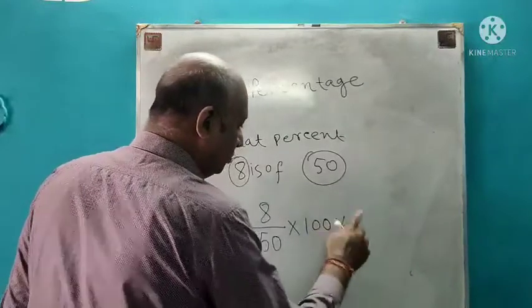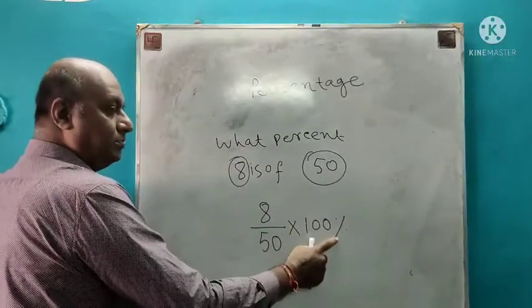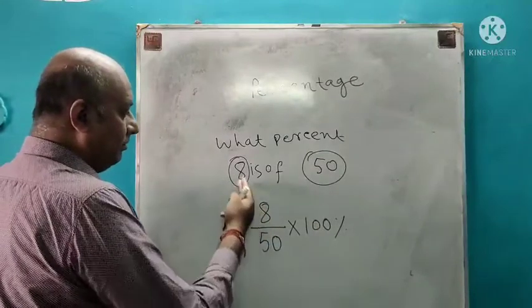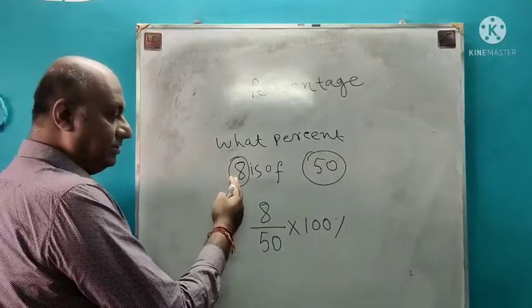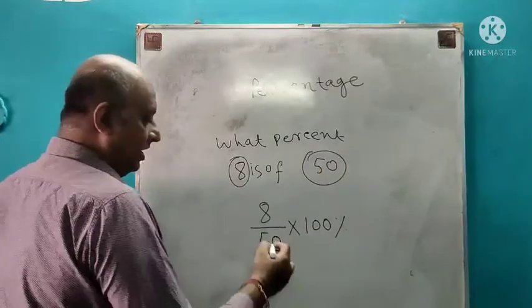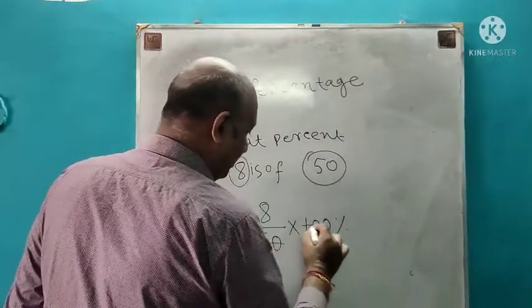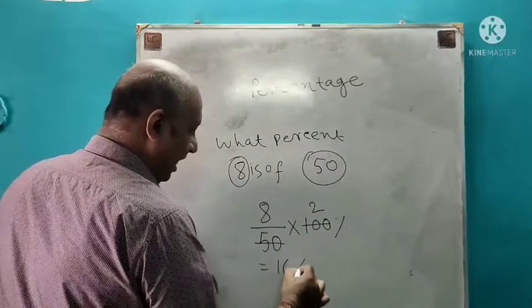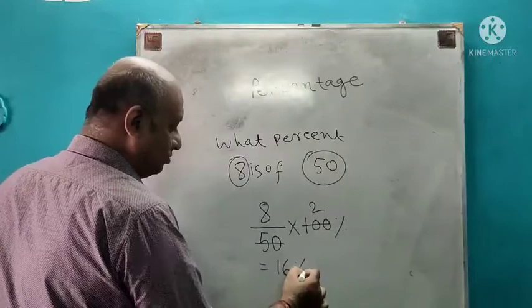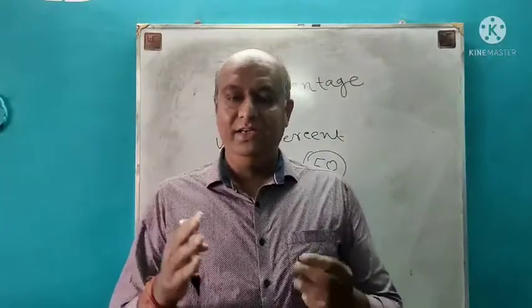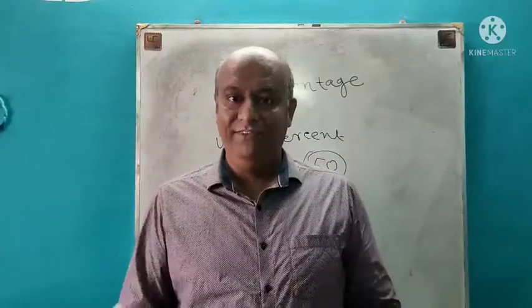Please do not forget to put this percentage symbol. 8 goes in the numerator because we are finding out the percentage of 8. 50 is the total, so 50 goes in the denominator. Now let's start. 50 will cut 100 by 2, so it will become 16 and the percentage symbol adds on, so it will become 16%. So 8 is 16% of 50.